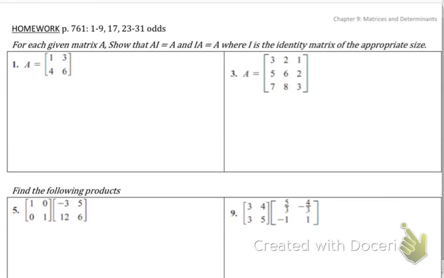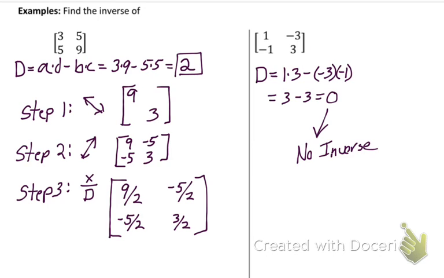So they're just saying, hey, check to make sure if you have A times the inverse, do that multiplication and make sure it comes out as 1, 3, 4, 5. This can be done in your head because it's 1 times 1 plus 3 times 0. Well, that's 0, so you're just left with 1. So this can be done in your head. Also, like I said, you can do these in your calculator.